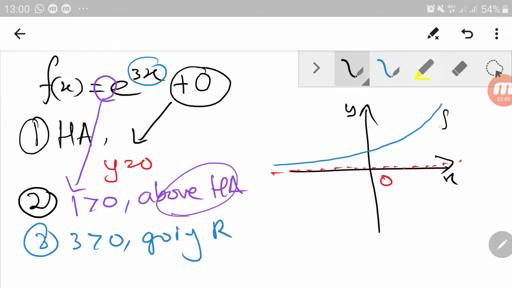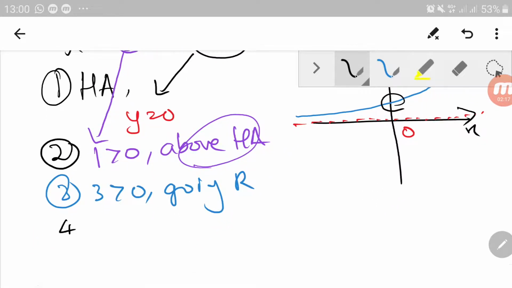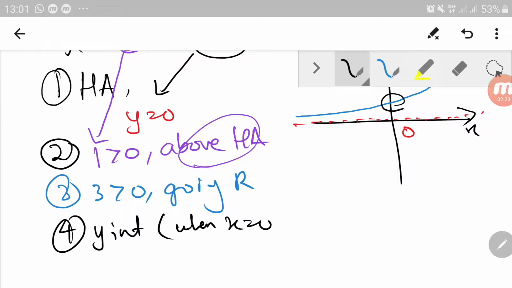Now, the function is f(x). Now we need to find this value. What is this? That is the y-intercept. So find the y-intercept when x is 0.